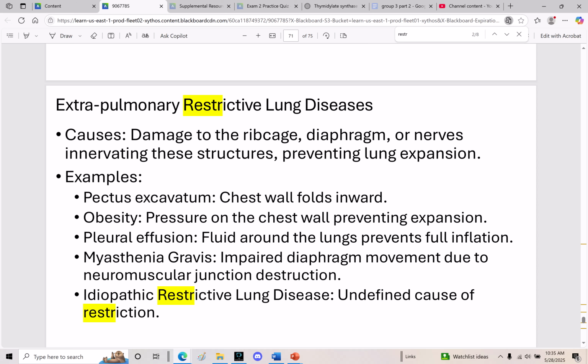Or the larger group is going to be the idiopathic. So idiopathic restrictive, you can see it as IRLD or ILD. Basically, you are talking about idiopathic lung diseases. Usually, these are the undefined, so the cause, we don't know what is causing it. Okay?